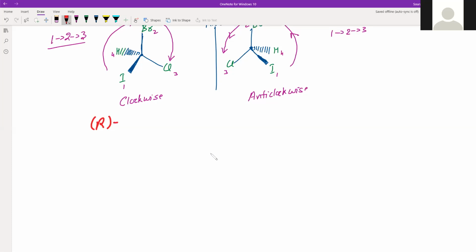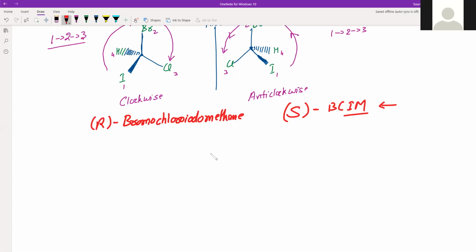And the name of the compound is bromochloroiodomethane, right? And this one where you are moving in anti-clockwise direction, that is S. So S-bromochloroiodomethane. You can understand it and write the complete name.